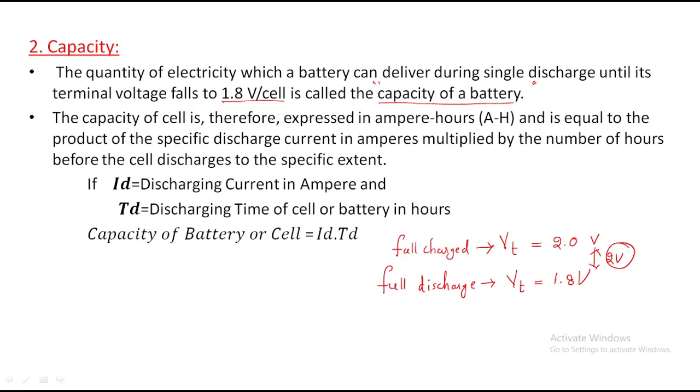The capacity of the cell is therefore expressed in ampere hour. Generally the capacity of any battery is represented in ampere hours. So the unit of capacity is ampere hour.